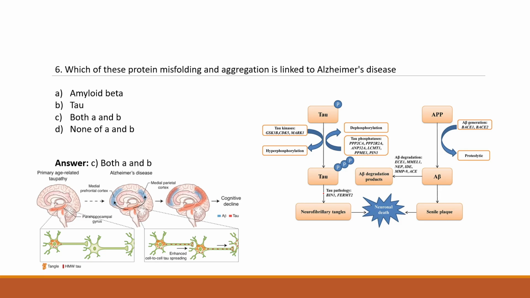Some of your amyloid proteins are prion proteins, synuclein, or amyloid beta peptides, etc. So both tau and amyloid are important.